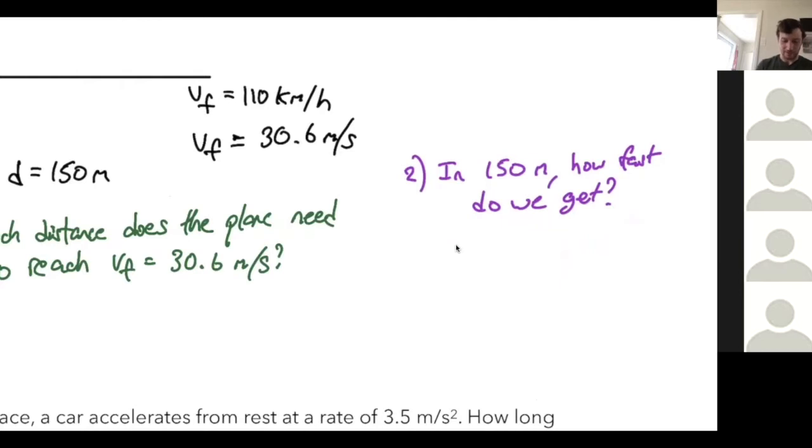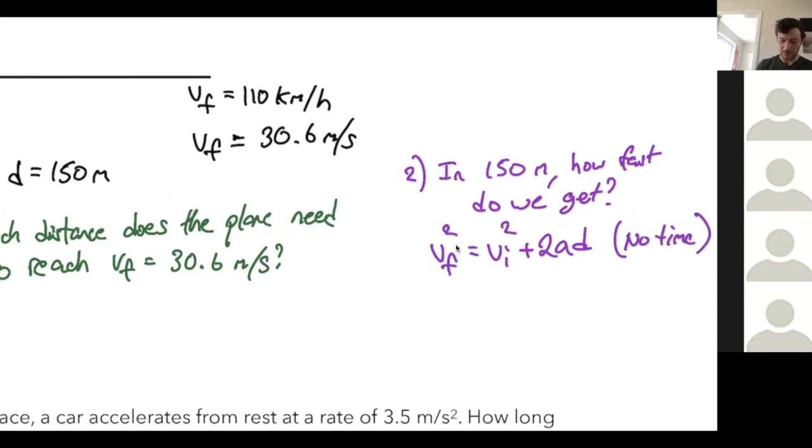So in 150 meters, how fast do we get? Beautiful. So we don't know anything about time, but we have a distance and we have an acceleration. So we know our v final squared is equal to v initial squared plus 2ad, since there's no time given.